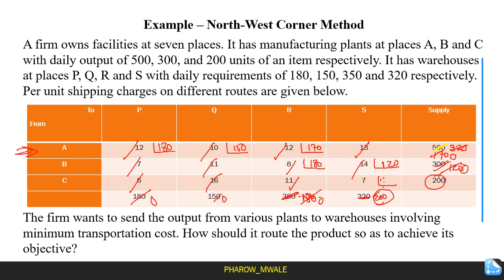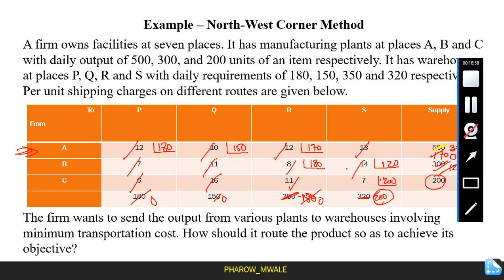I did mention last time that you must check if your problem is balanced. By balanced, I mean your supply and your demand must be equal. So if they are equal, and you do the right things, it must balance out at the end. So we have 200 here. That's our remaining allocation that we can make.